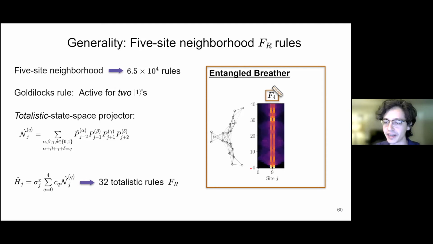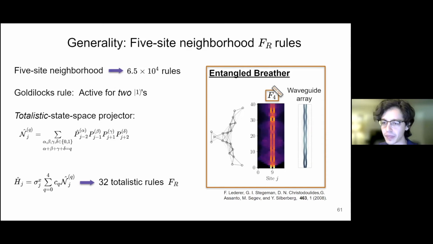And my advisor noticed this actually is reminiscent of another system. And this is an example of a breather in a waveguide array. And so in this physical system, there's very small optical waveguides separated by a few microns, so that as light is propagating through those waveguides, they can evanescently couple.